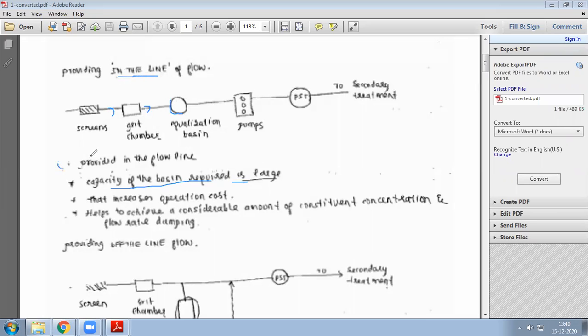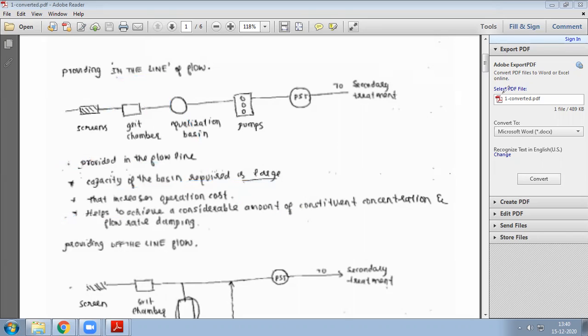The requirement of this basin is a larger space, and the operation cost increases, right? It helps to achieve a considerable amount of constituent concentration and flow rate dampening. Some concentration will be neutralized. So three advantages you have.